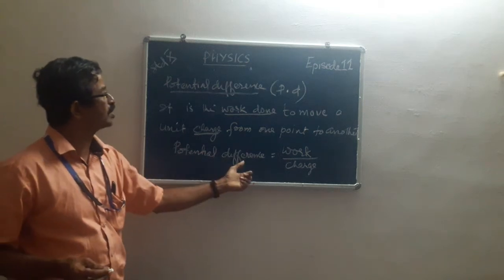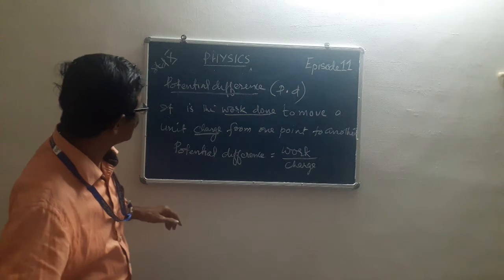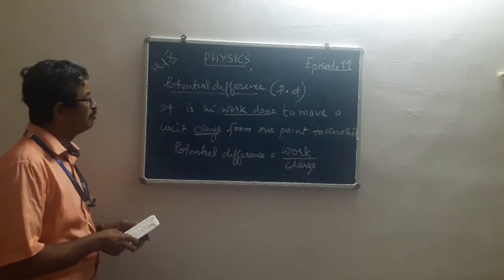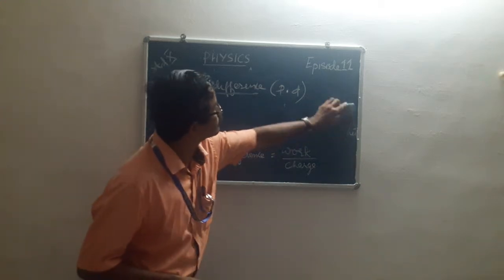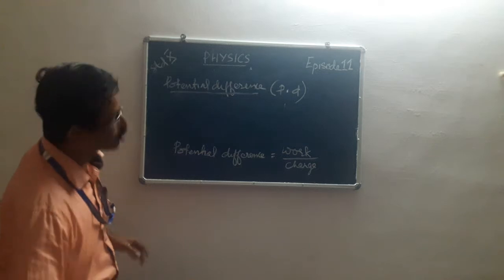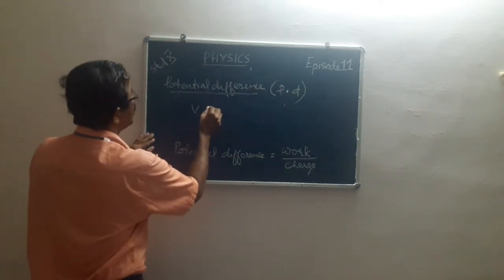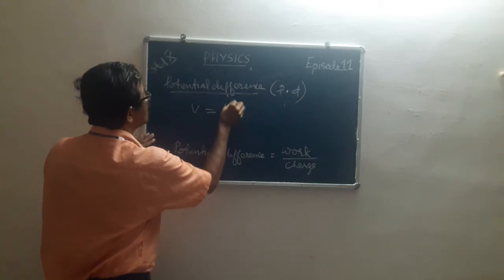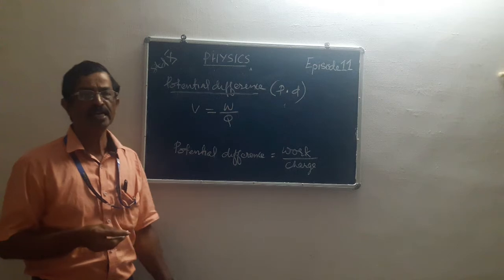So potential difference equals work by charge. This potential difference we represent with the letter V, work with W, and charge with Q. So V is equal to W by Q.